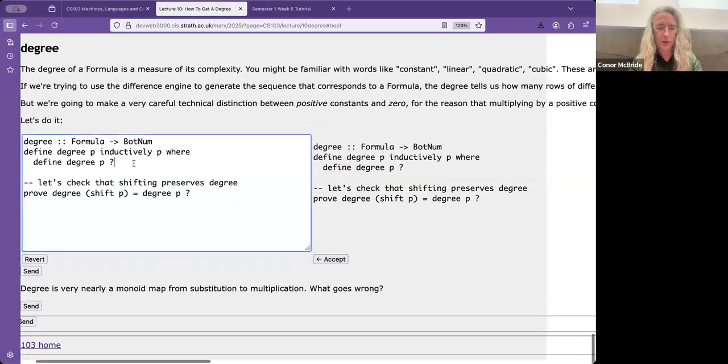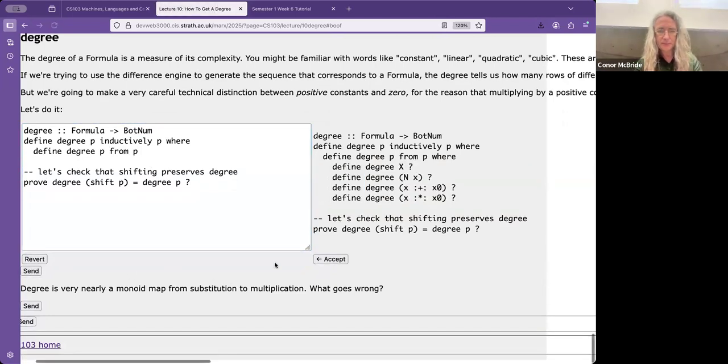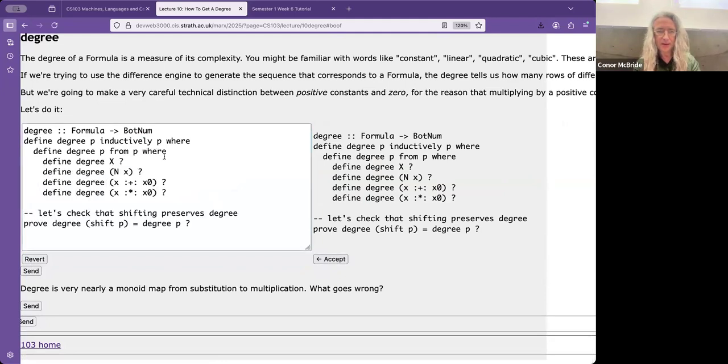Okay, so I'm going to work inductively on the formula. And then I have to look at the formula. Right. So if the formula is a variable, then that's going to be degree 1.